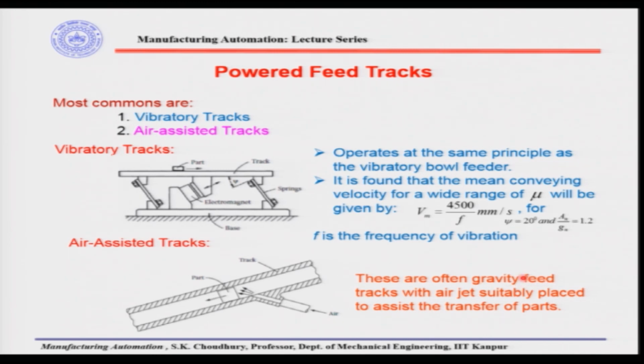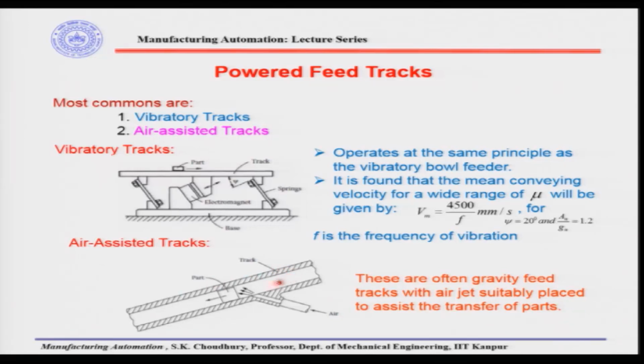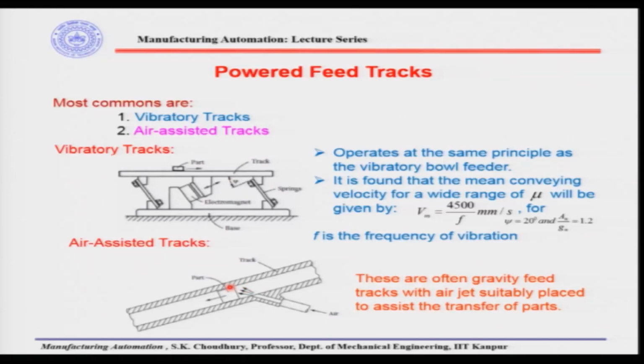We have seen gravity feed tracks earlier, but even though we are using gravity for feeding the parts, it may so happen that the parts inside the feed track get clogged. So, to assist the parts to move smoothly, the gravity feed track has a passage for passing high pressure air, and because of that air, even if the parts are clogged or the coefficient of friction becomes higher while moving through the feed track, this can be eliminated.